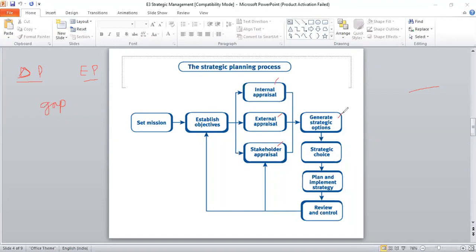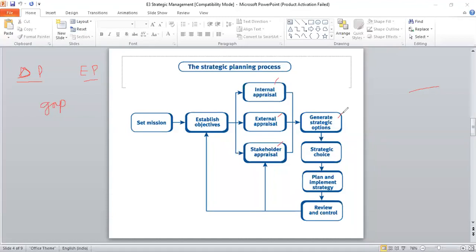Halfway through, we want to be sure that we are on the right track, so we verify with Google Maps, and it indicates that yes, you are on the right track, or if you have deviated, it indicates that you've taken a wrong lane, and it also hints how to come back onto the right track. This is an example we can relate to control measures in strategic planning. When it indicates that you have to take the right track, you come back onto the right track to see that you reach the destination, right?